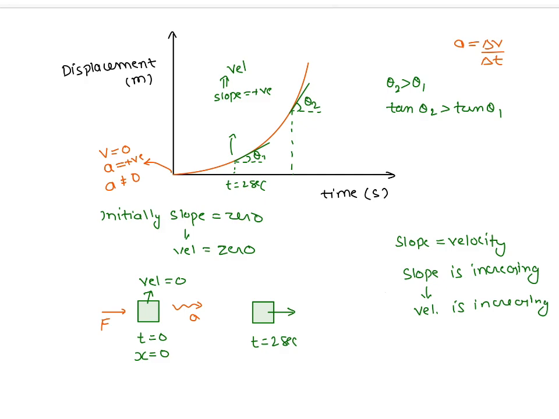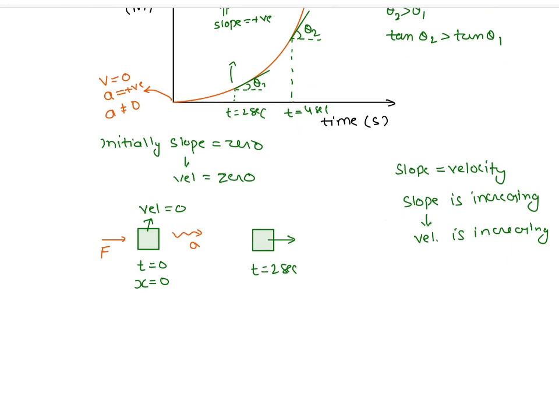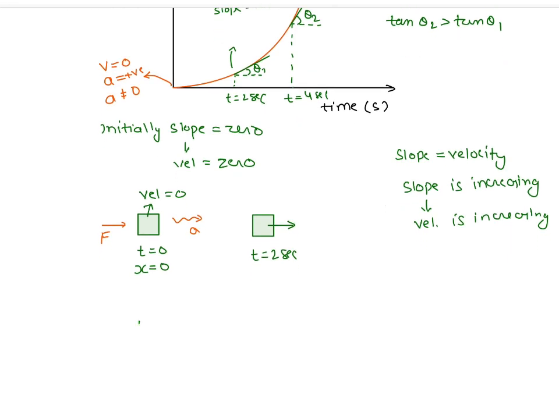What does it mean? It means let this time be t is equal to 4 seconds. So I can say that let my particle initially was at rest at t is equal to 0, its velocity was 0. Then at t is equal to 2 seconds, let it be moving with some velocity, say 3 meter per second.